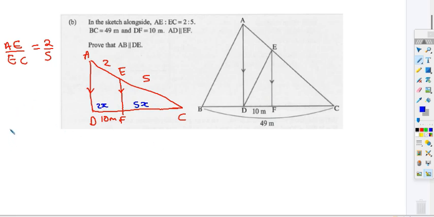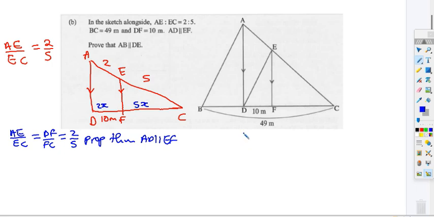We are saying that AE over EC is equal to DF over FC, and that is equal to 2 over 5, by the proportionality theorem with AD being parallel to EF. That is what we have there. And now, this is the first triangle, and then let me draw the second triangle there.